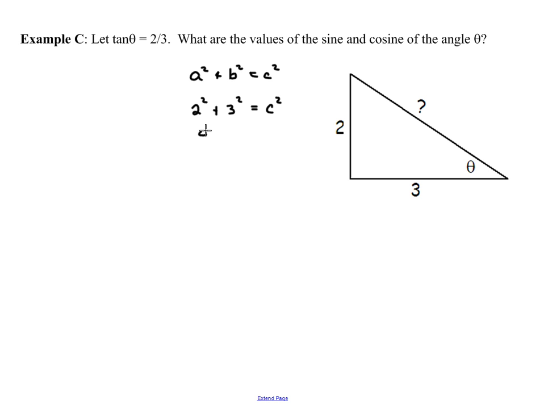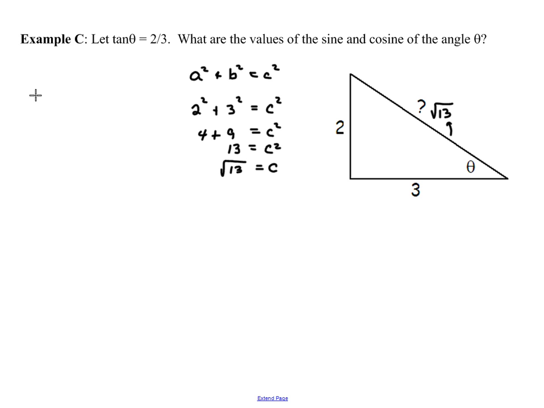So 4 and 9 add up to give us 13. That is the square of the hypotenuse, but we actually have to take the square root, and we're only going to go with the positive. We don't have negative hypotenuses in our world. So the square root of 13 is the length of our hypotenuse.